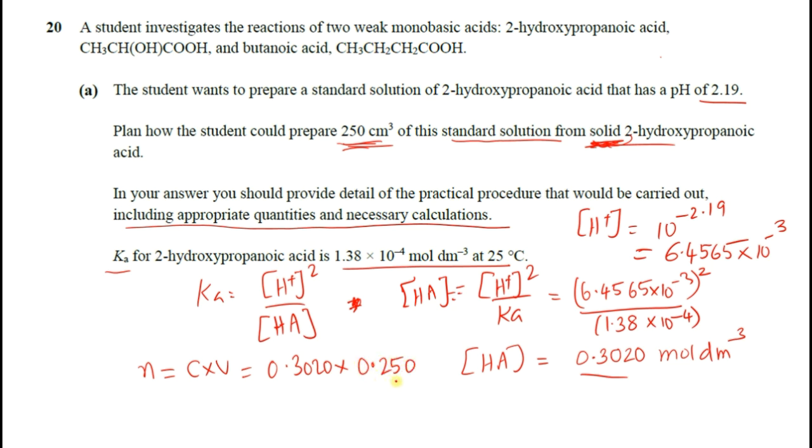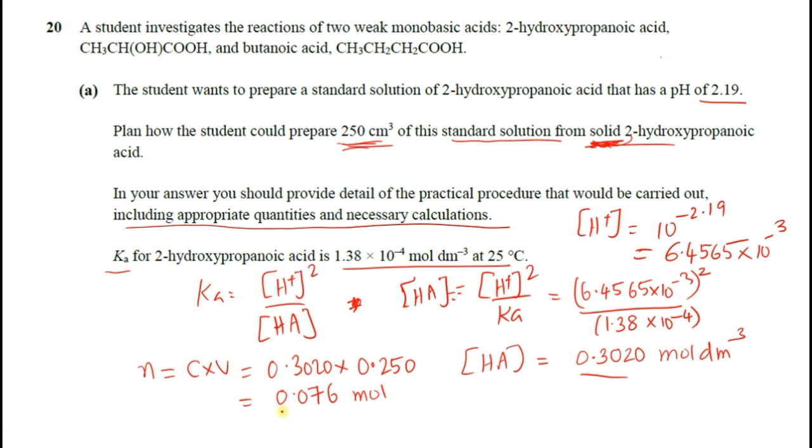I divide that by 1000 to get liters, and if you do that, that gives us 0.076 moles. So that's the moles that you need to make up this solution in 250.